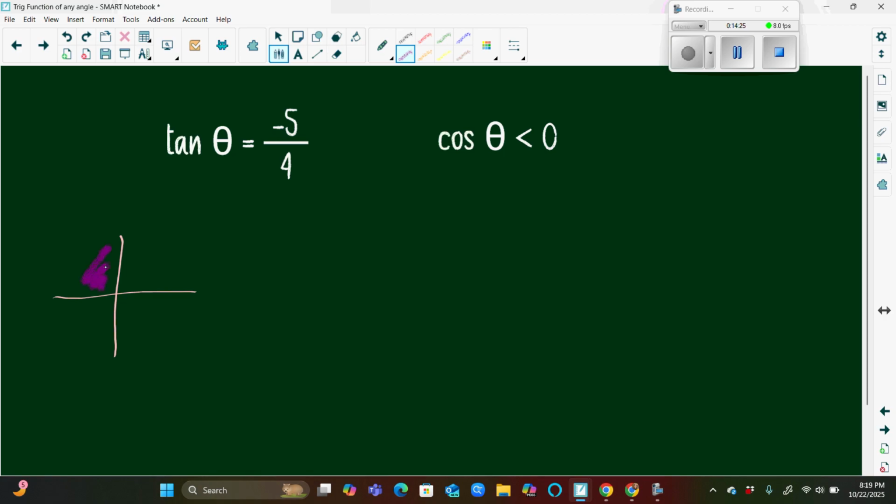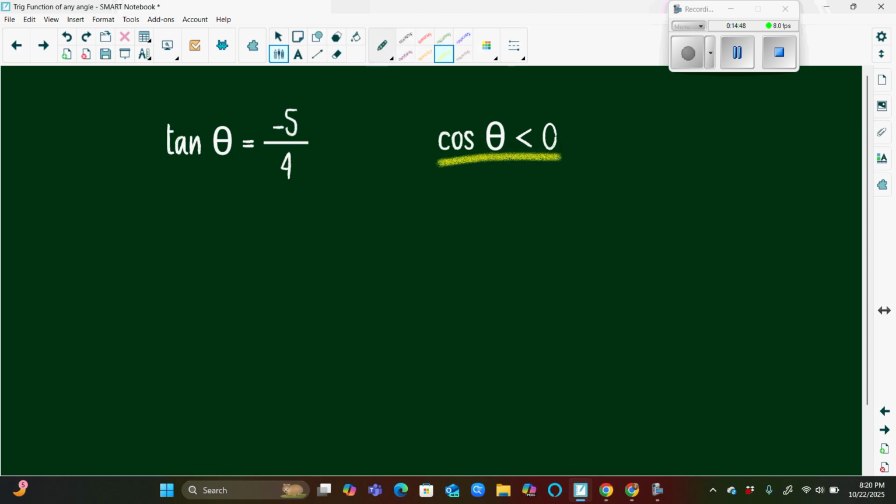So that's going to be in the second quadrant and in the fourth. Cosine less than 0. Cosine's negative on the left side over here. So the place where both of those things happen is right here in the second quadrant. So we're going to draw our triangle in that second quadrant.